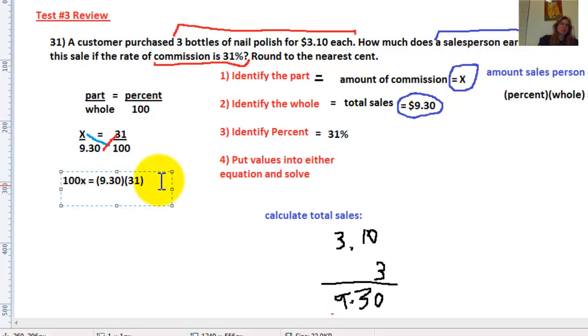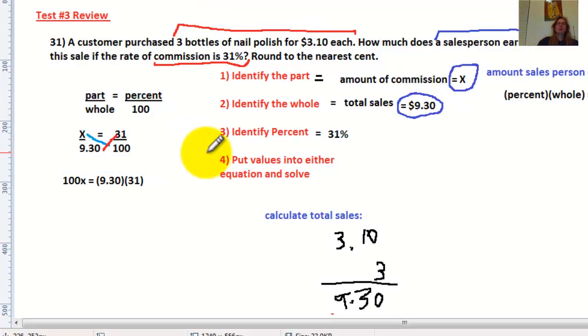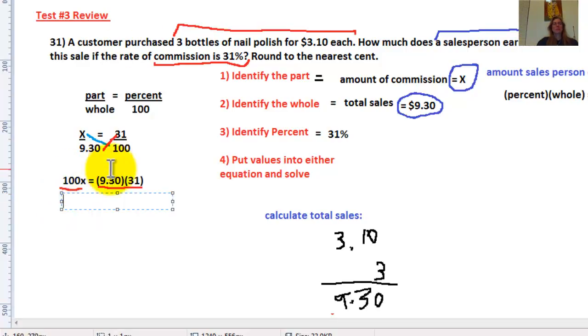To continue to solve for x, we then have to divide both sides by 100, because in order to get that x by itself, you divide both sides of the equal sign by 100.